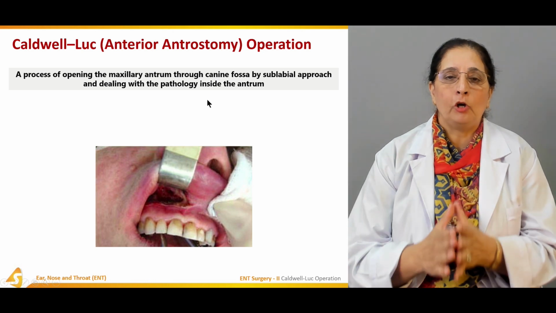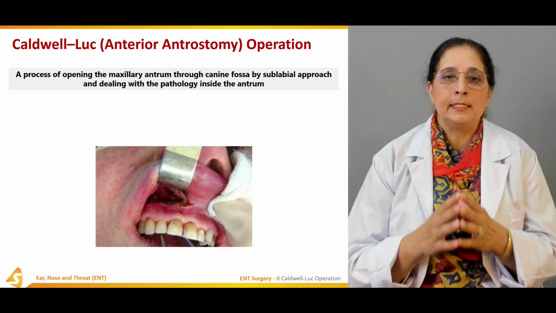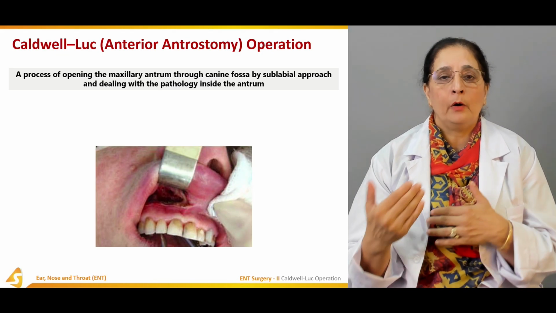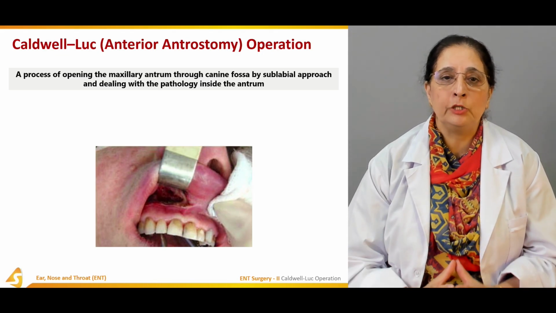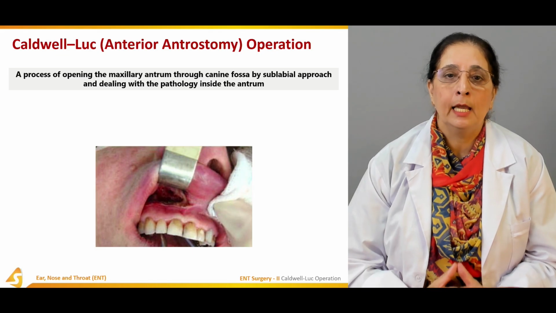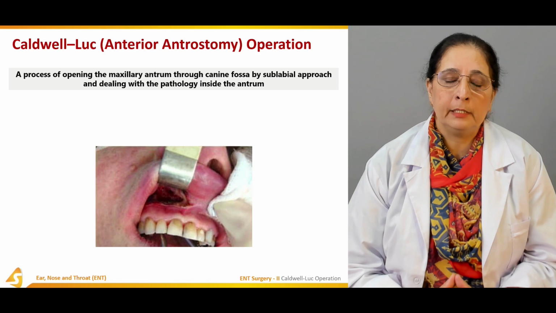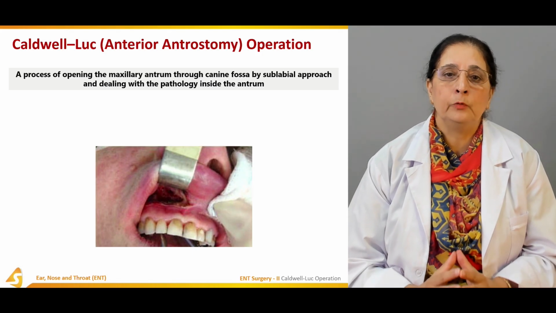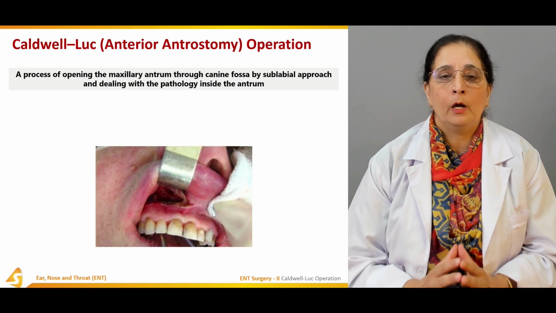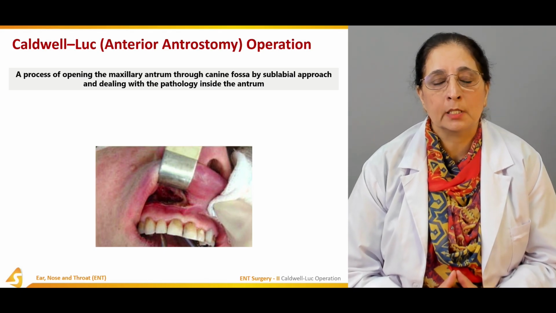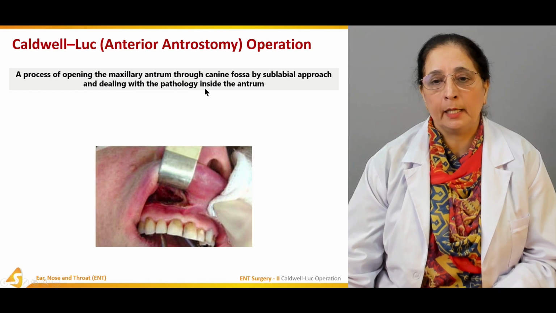So any pathology, any abnormality, any pus suppuration or any other thing that needs to be dealt with in the maxillary sinus, the approach to that is through the anterior opening, and this is known as anterior antrostomy below the lip.